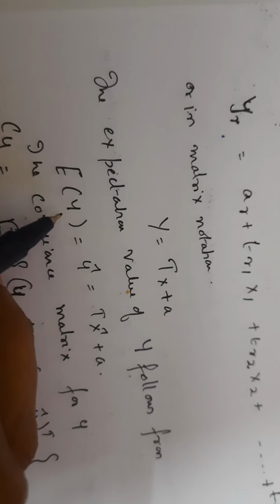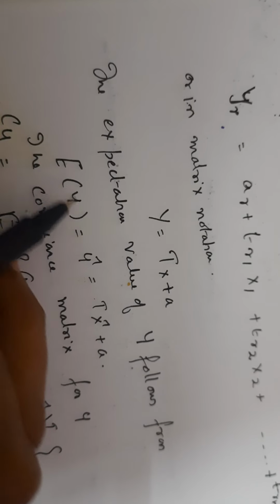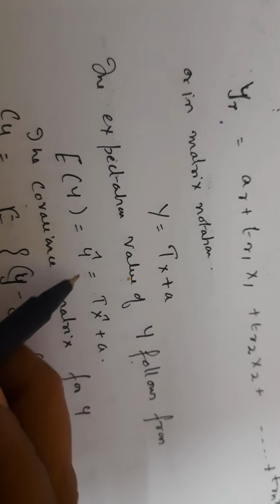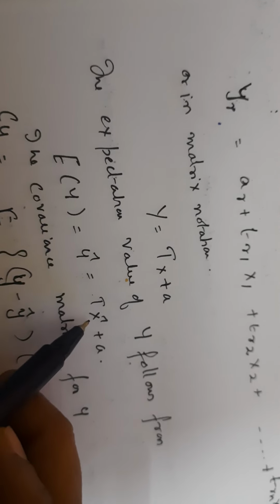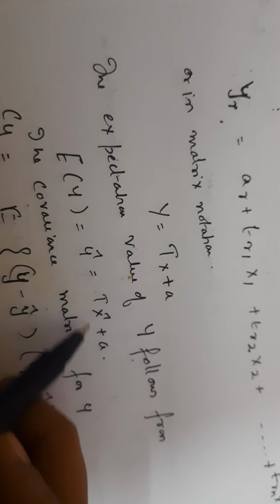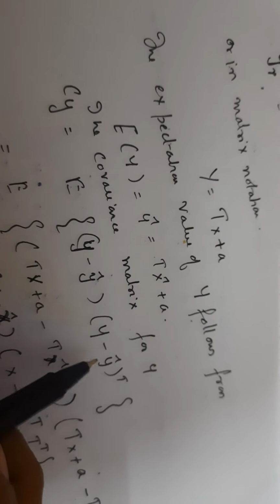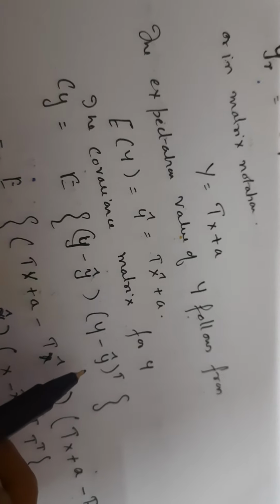Now the expectation value of y, that is E of y, is given by the expectation value of x into T plus a. Now there is a formula for the covariance matrix, right? And then we wrote it like this. This is the formula, and we reached till here in the last class. C of y is equal to T into C of x into T transpose.